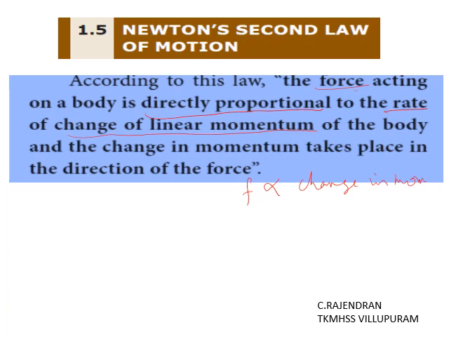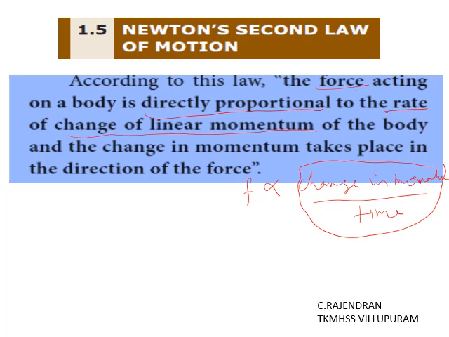See here what I write: change in momentum divided by time. This change in momentum divided by time, we call it the rate of change of momentum. Rate of change of means any physical quantity which varies with respect to time.